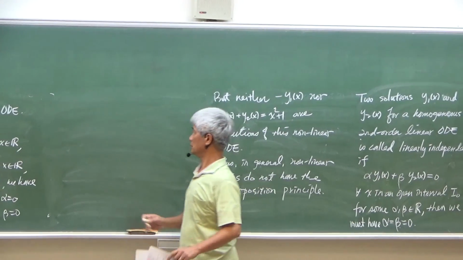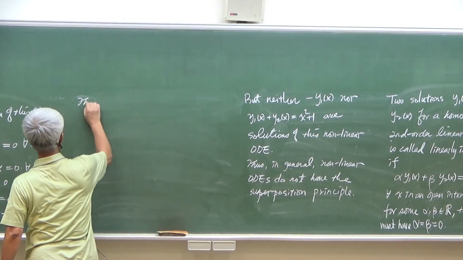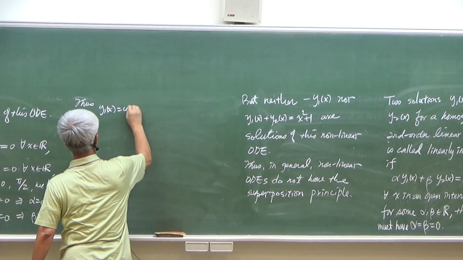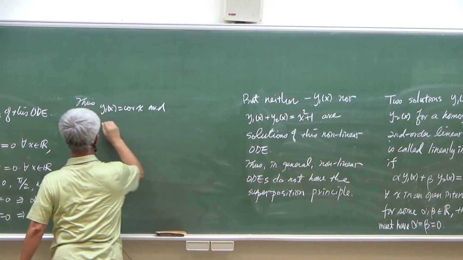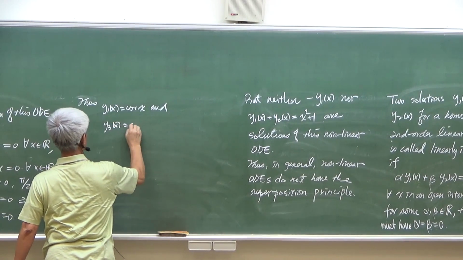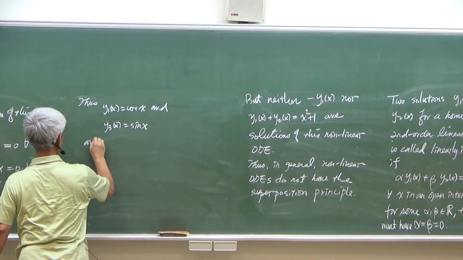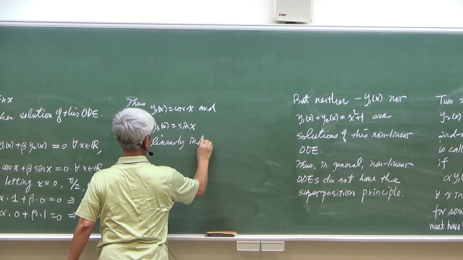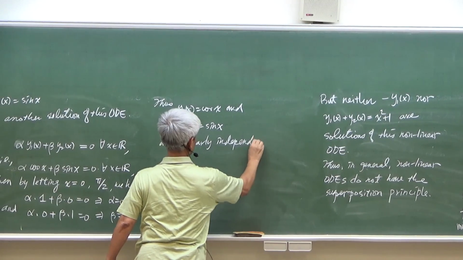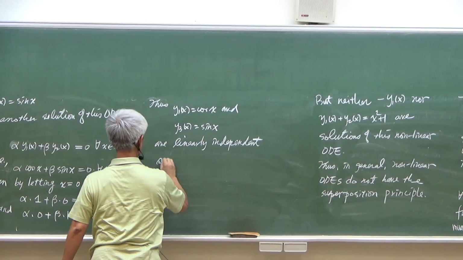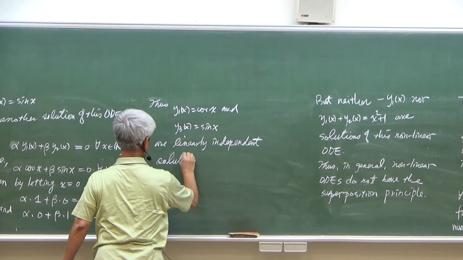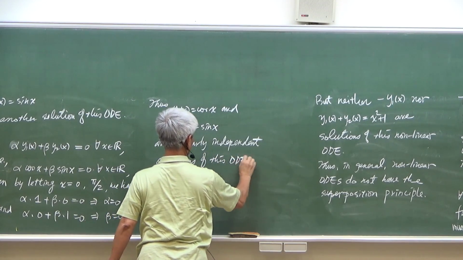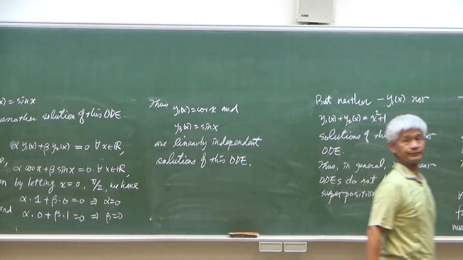So we prove that y1(x) and y3(x) are linearly independent solutions of this equation. Is that clear?